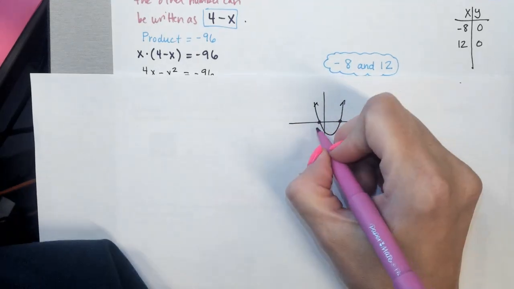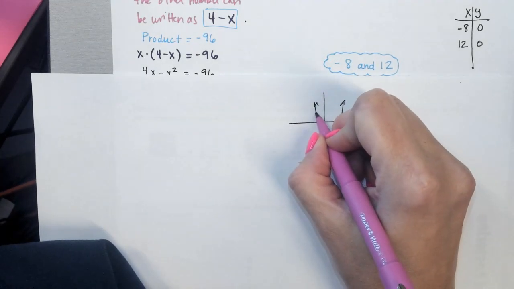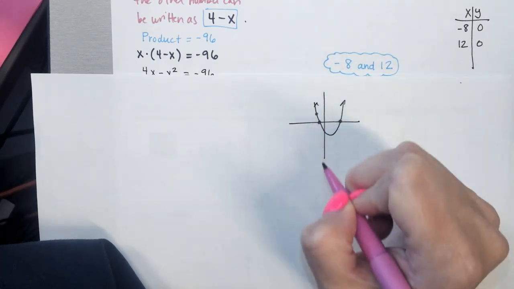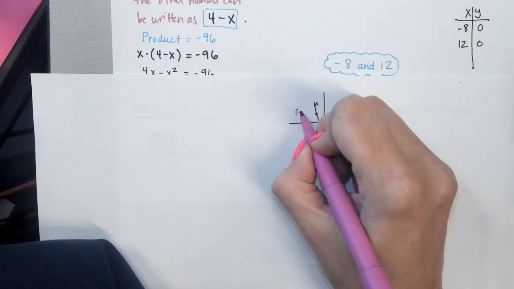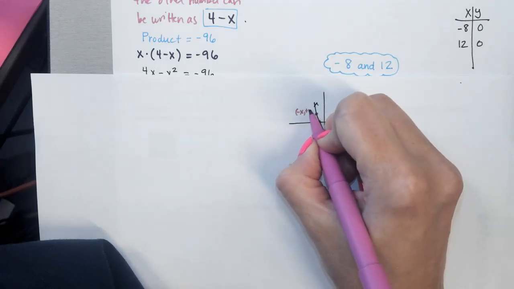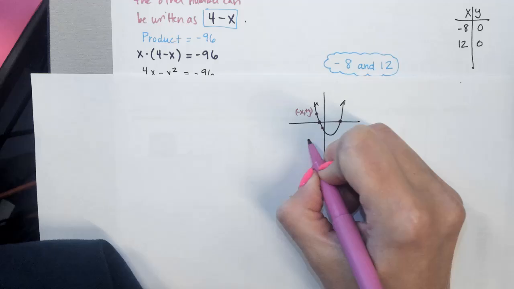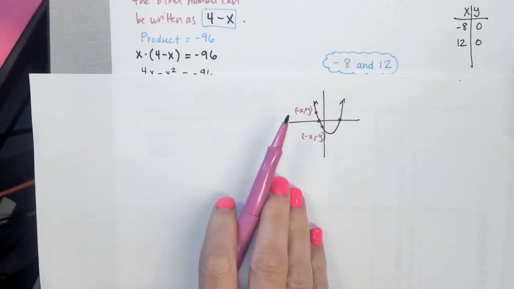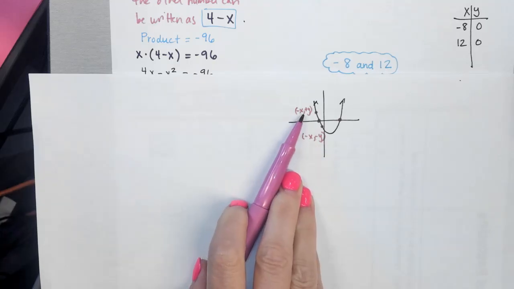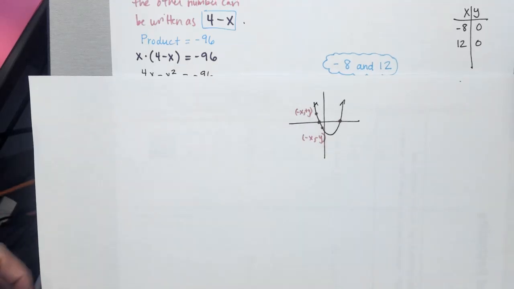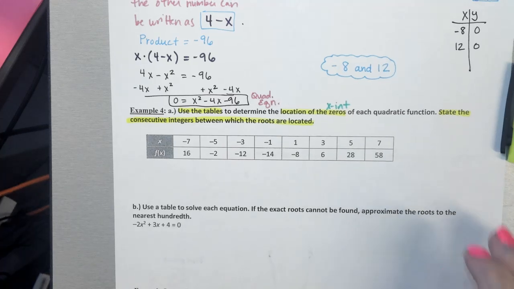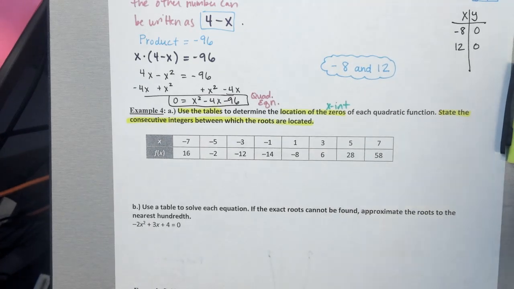You'd have an x value that's negative and a y value that's positive. Okay, and then here you'd have an x value that's negative and a y value that's negative. Okay, so it's the y that's going to change from a positive to a negative. So we are going to look for those changes in the y, in your table.